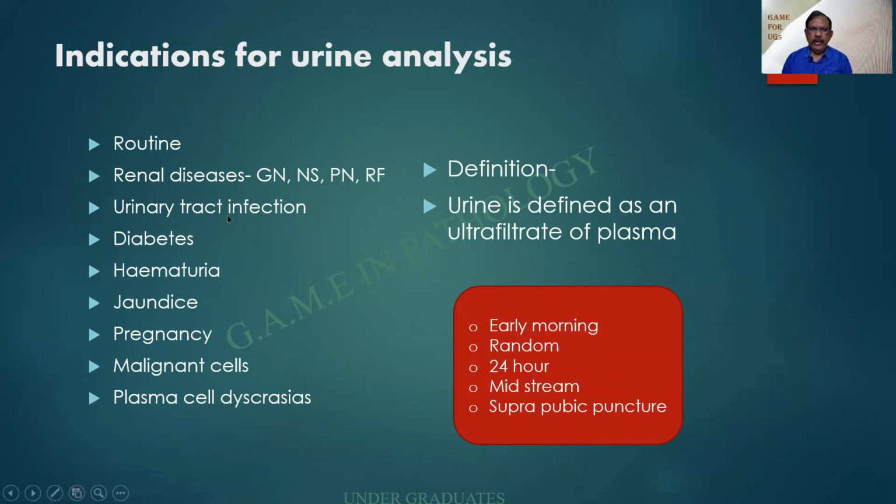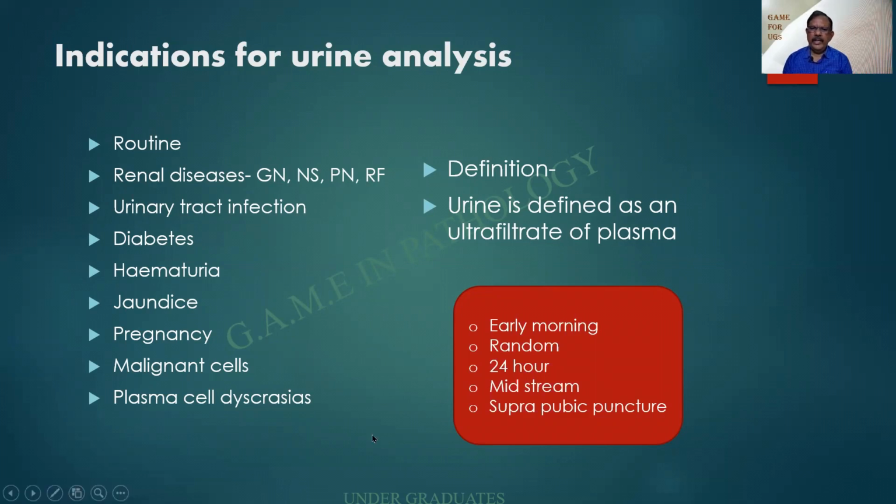It can be done for renal diseases, particularly glomerulonephritis, nephrosclerosis, pyelonephritis, renal failure, etc. Urinary tract infections, diabetes, no test without urine, hematuria, jaundice, pregnancy, for malignant cells, plasma cell dyscrasias.